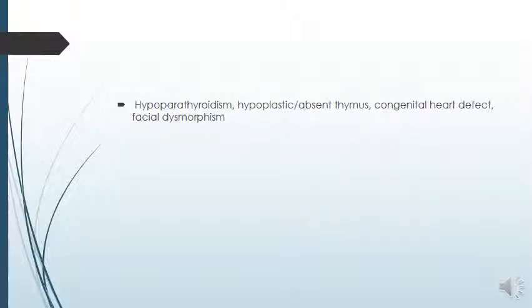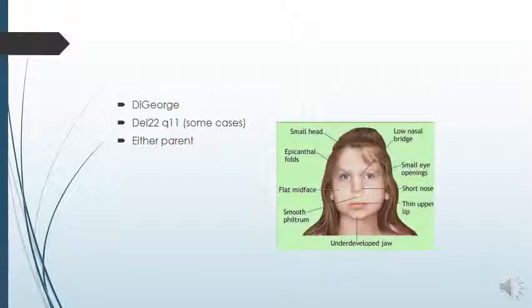Here we have hypoparathyroidism, hypoplastic or absent thymus, congenital heart defect, and facial dysmorphism. This child has DiGeorge syndrome, a deletion in chromosome 22 at the q11 spot in some cases. Either parent can cause this.